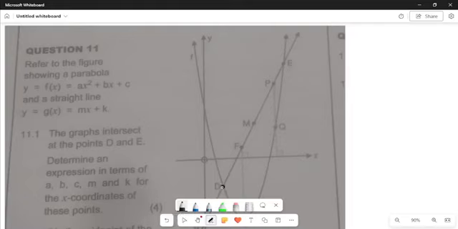And these two functions intersect at D and E. And we need to express x at D and x at E in terms of those unknowns and variables.